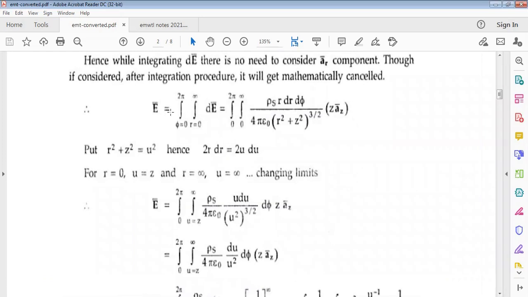Apply the integral here, where phi is 0 to 2 pi and R is 0 to infinity. To simplify and apply the integral, R square plus Z square is converted into mu square.